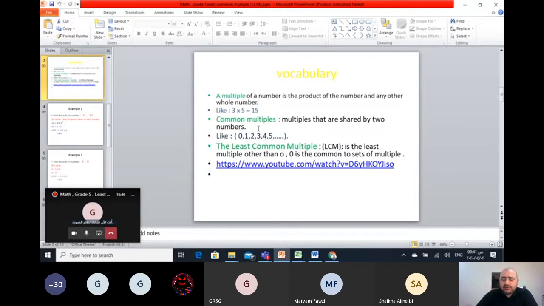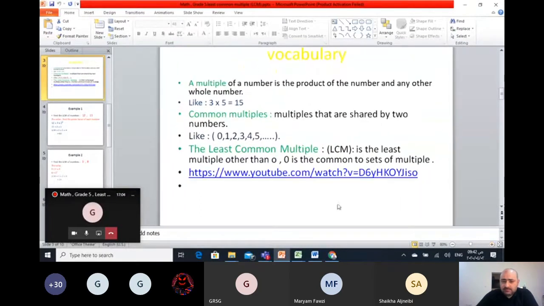Today we have three new vocabulary words. What's the meaning of a multiple? A multiple of a number is the product of the number and any other whole number.